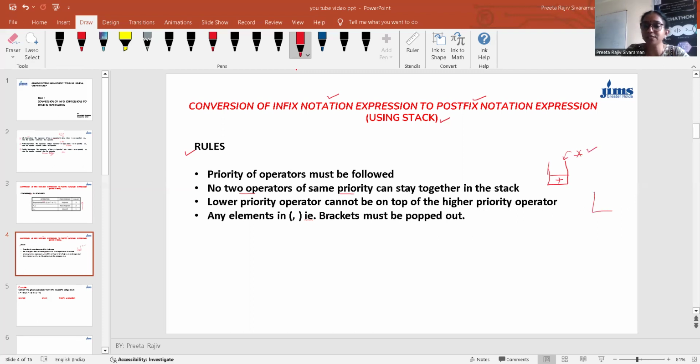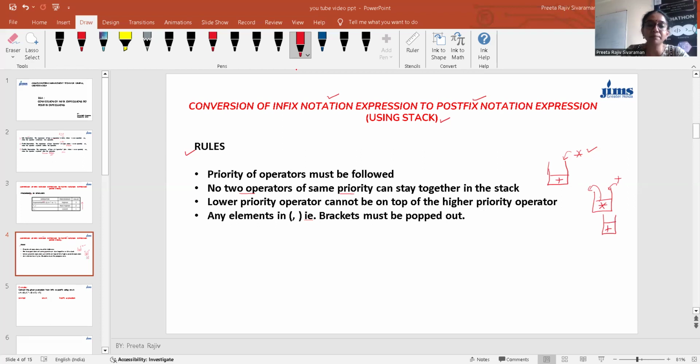But if multiply is already there, you cannot push in a plus operator, because plus has lower priority compared to multiply. So the multiply operator needs to be popped out, and then the plus operator added. Finally, only plus will be in the stack.